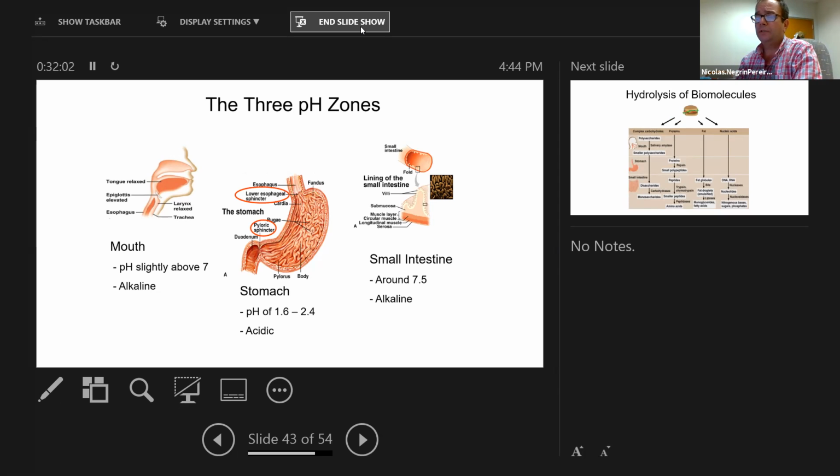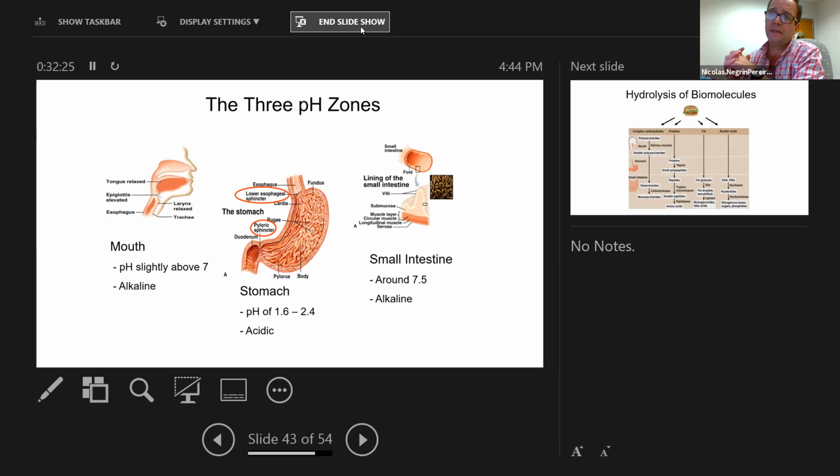And of course, it is fundamental, the closure performed by the sphincters, the esophageal sphincter in the cardiac region of the stomach, and the pyloric sphincter, which prevents the very acid content of the stomach from getting either into the esophagus or into the duodenum.